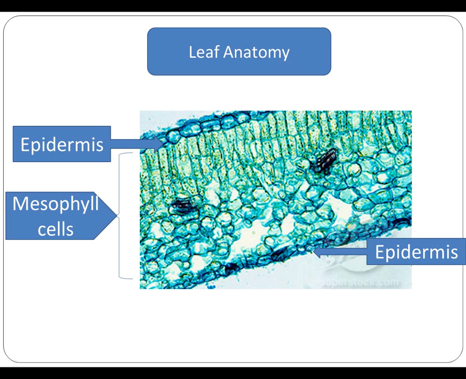In the middle, the bulk of these cells are called mesophyll cells. So most of the cells between the two epidermal layers, without getting into botany, we'll just call them mesophyll cells, okay?